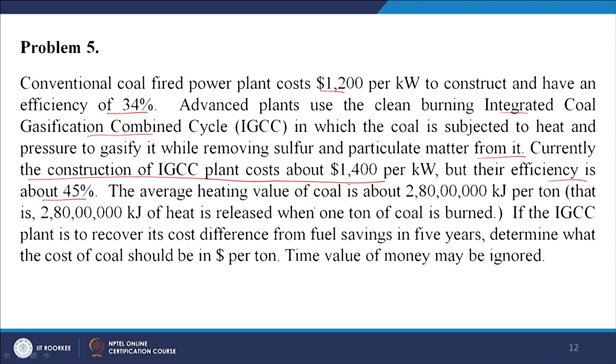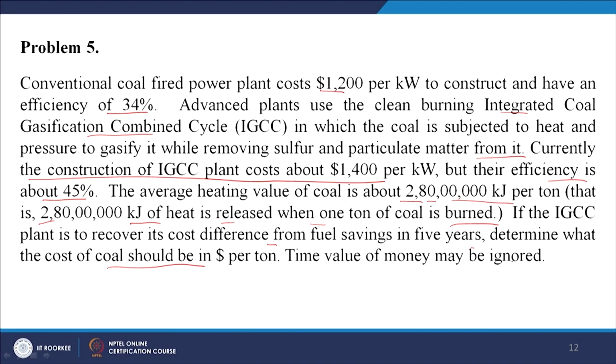The average heating value of coal is about 2 crore 80 lakh kilojoule per ton, that is, 2 crore 80 lakh kilojoule of heat is released when 1 ton of coal is burnt. If the IGCC plant is to recover its cost difference from fuel saving in 5 years, determine what the cost of coal should be in dollar per ton.